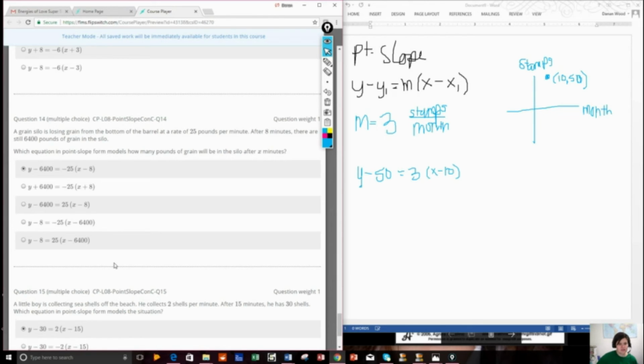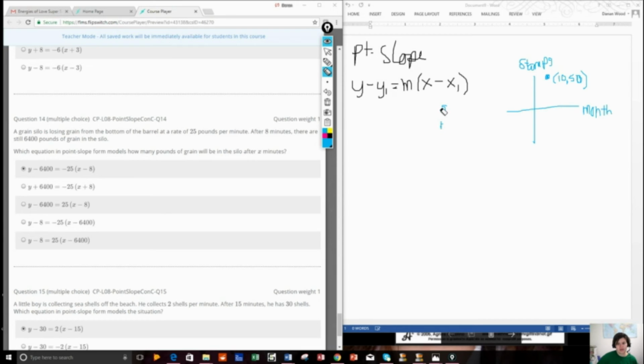Question 14. A grain silo is losing grain from the bottom of the barrel at a rate of 25 pounds per minute. After 8 minutes, there are still 6,400 pounds in the grain silo. Which equation in point-slope form models how many pounds of grain will be in the silo after x minutes?